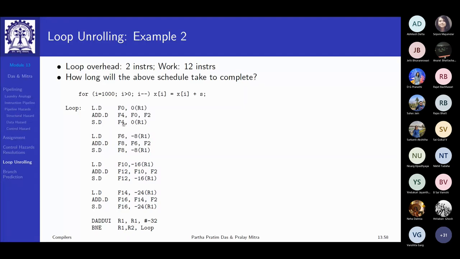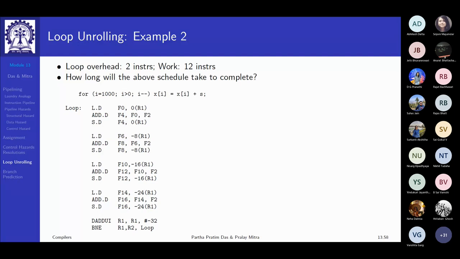Because they are happening sequentially. The reason I need different registers is, if they are sharing the register. Suppose the first one is using F0 and F4. Second one is using F6 and F8. If it had also used F0 and F4, then I would have some kind of anti-dependency coming in. Okay? So which I want to avoid.